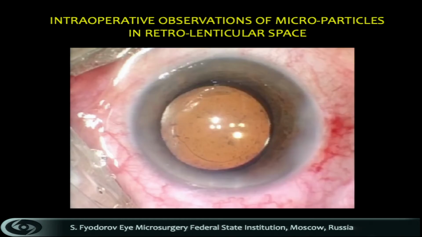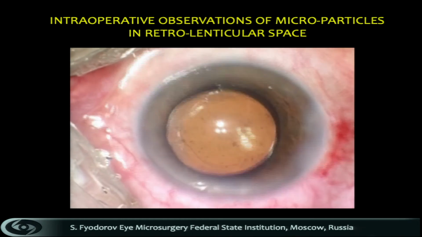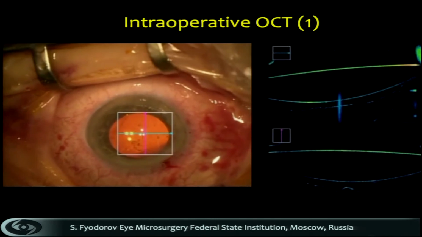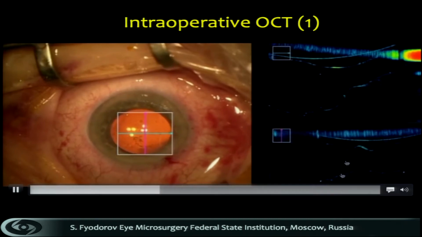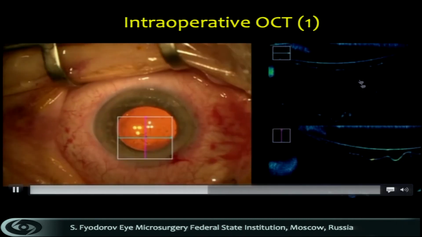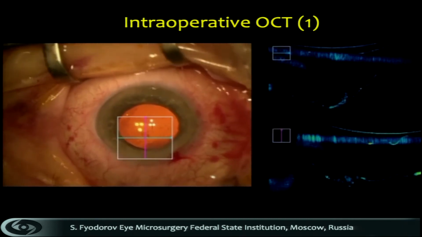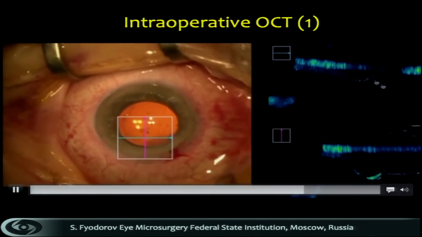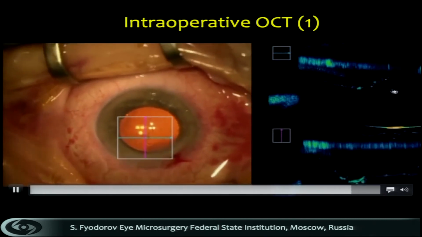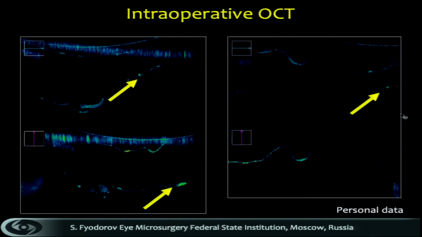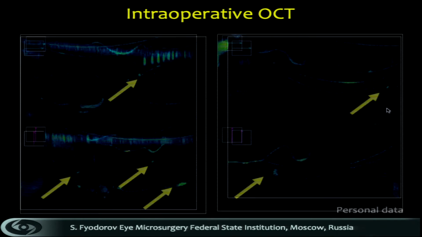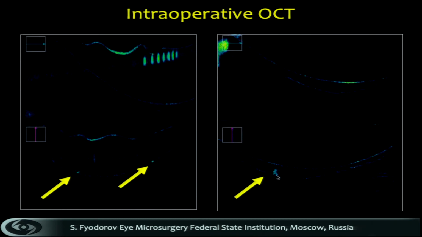So we were trying to use intraoperative OCT in order to find out the exact location of these fragments, and as shown here, sometimes we were able to identify them on the OCT as hyperreflective dots located somewhere behind the posterior capsule, and again you see these dots here.